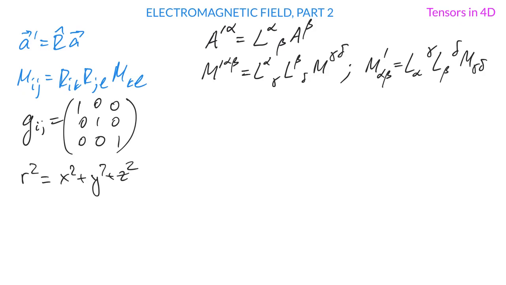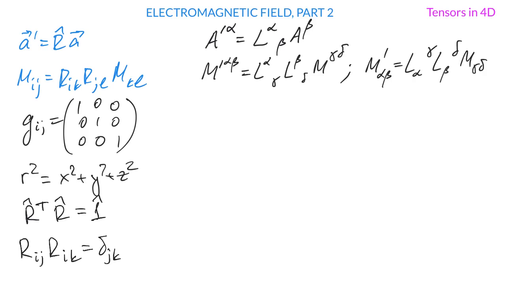Now, the defining property for the rotation matrices that keep R squared invariant was that they are orthogonal. So we had an expression that looked like R transposed times R equals a unit matrix, or in components R_ij R_ik equals delta_jk. Now, what is the corresponding relation for the L matrices?